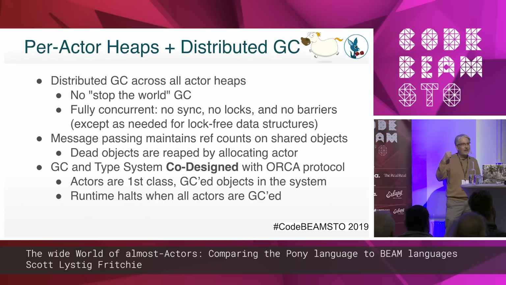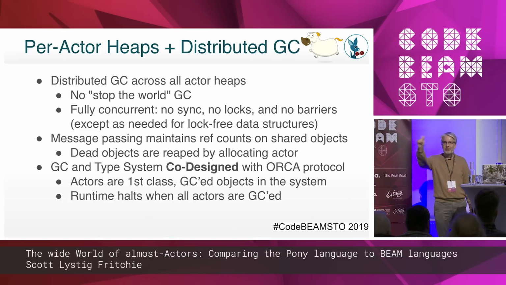The message passing is maintained in shared objects. I think it's a dual counter of local alias count and a remote alias count. So when you send a message, you can increment your remote counter, and when some other actor has its counters go down to 0, it actually uses the same internal infrastructure for sending messages.